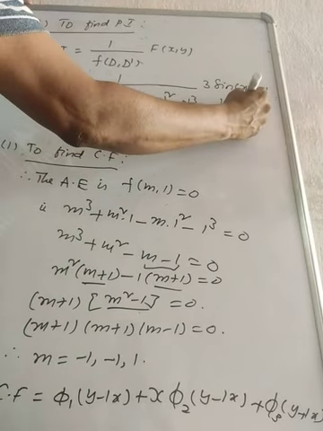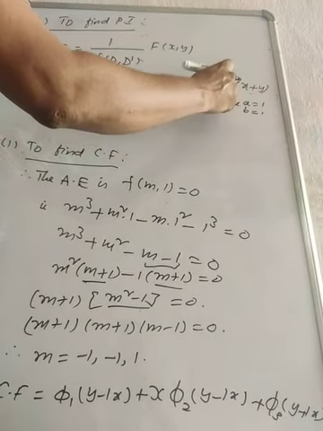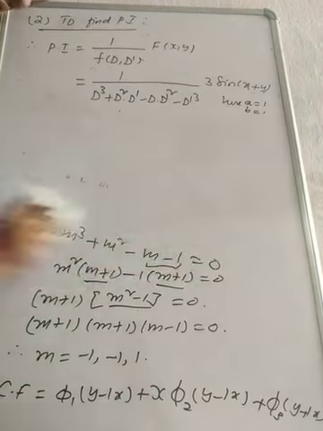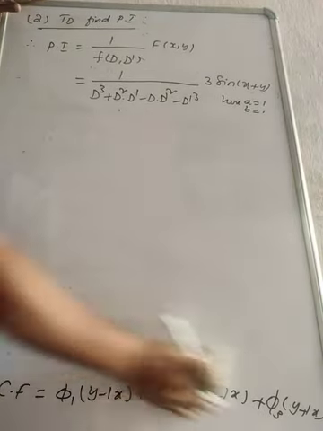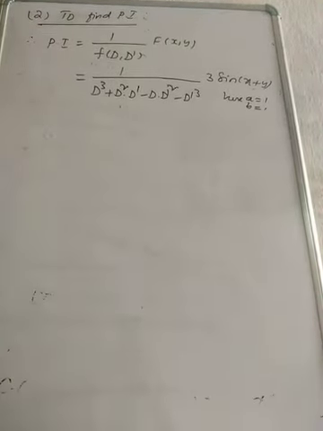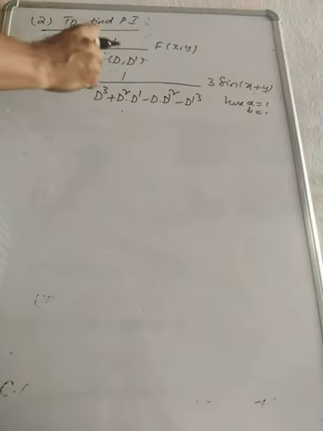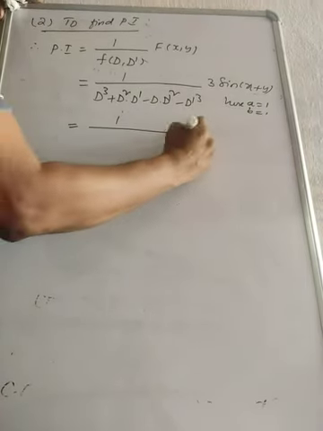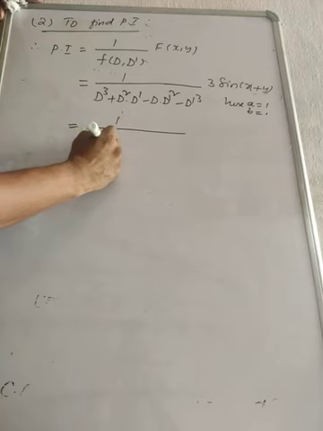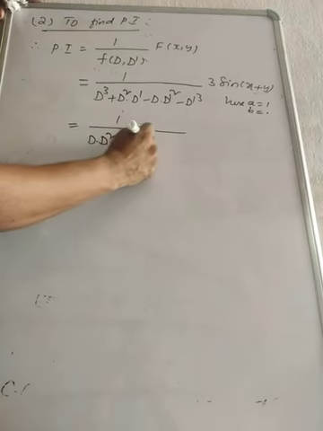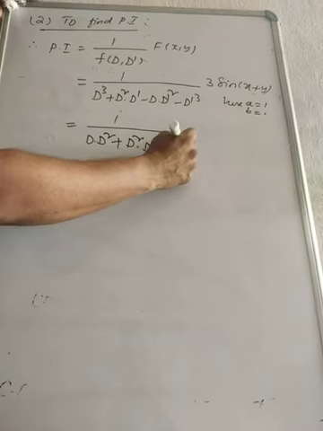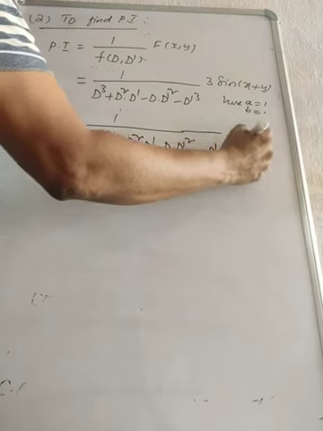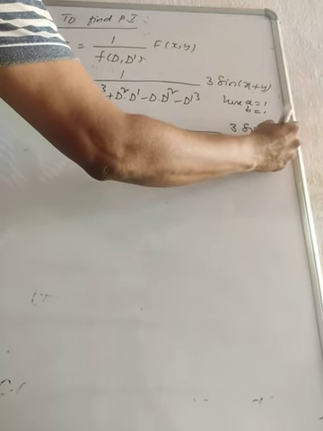Here a = 1, b = 1. It is of the form f(ax + by). In this case, we replace D² by −a², DD' by −ab, D'² by −b². That's why you can write 1/(D³ + D²D' − DD'² − D'³) of 3 sin(x + y).